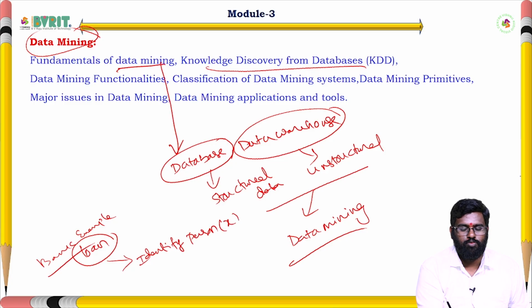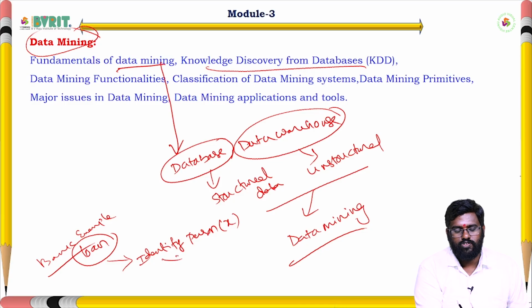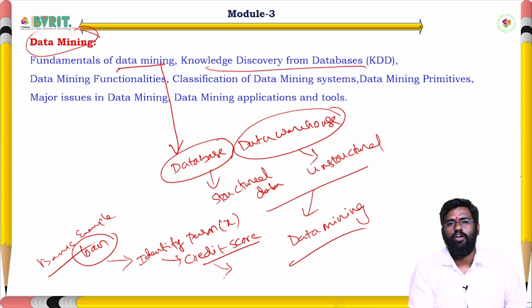For example, some person X is there, and based on that person's credit score we need to identify the score. Then based on the credit score we need to analyze whether they are eligible for the loan or not.